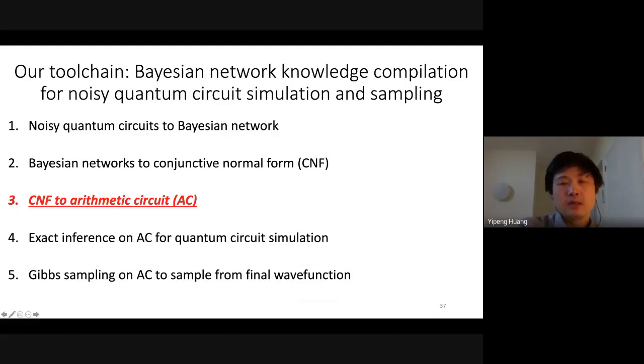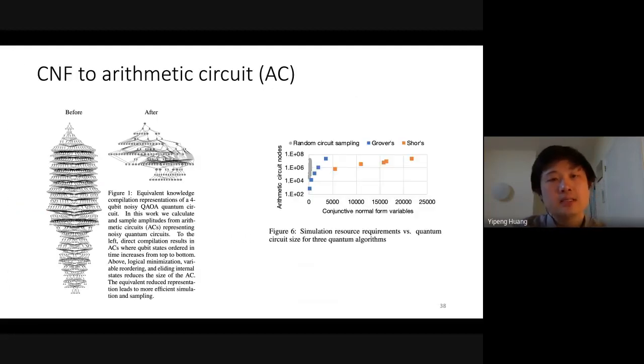Okay. And so the basic idea here is these satisfiability tools are able to examine the structure of your quantum circuit. So this is a naive compilation of your quantum circuit, and it can do a lot of minimization tricks that take you from a naive representation, such as this chandelier-looking thing here, and reduce it to a more compact representation like this.